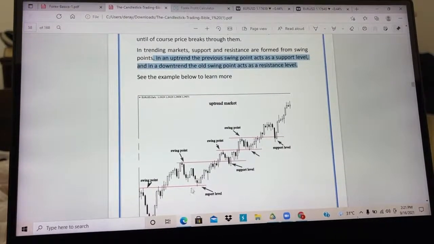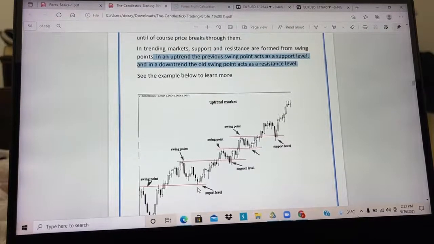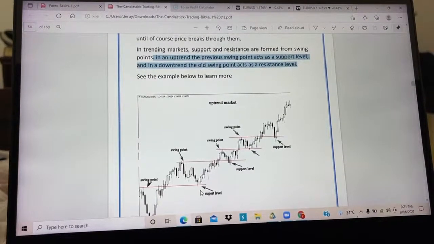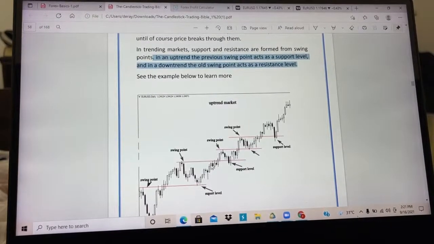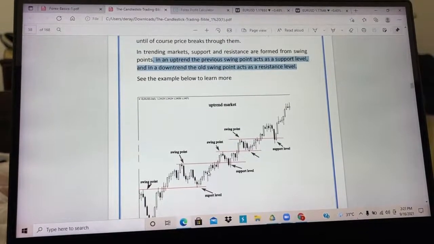So the support is basically a point whereby the market no longer continues to go down in price, but now reverses to go up. Okay, that's what the support is.